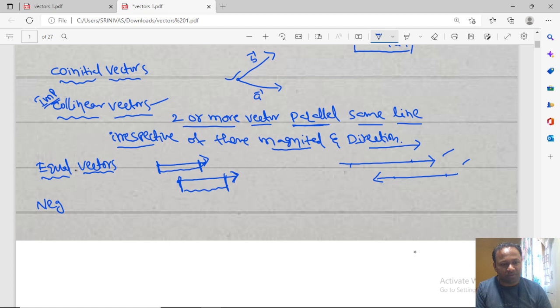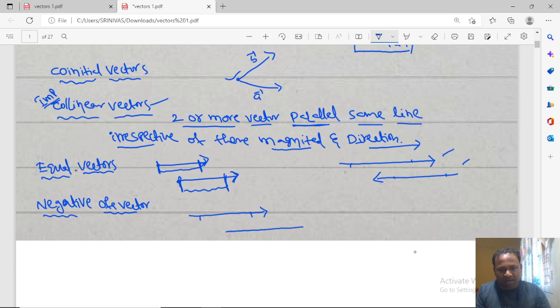So this is about equal vectors, and one more will be there, the negative of a vector. This is most important. What do we mean by the negative of a vector? Suppose I have taken this vector with some magnitude.